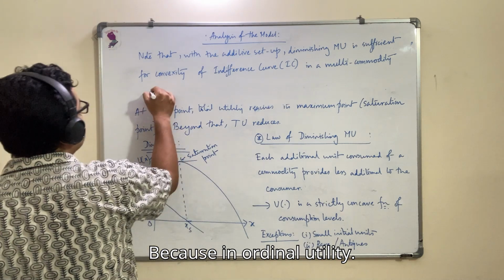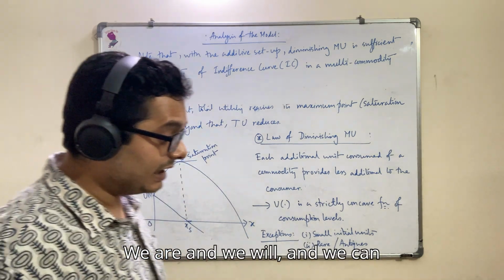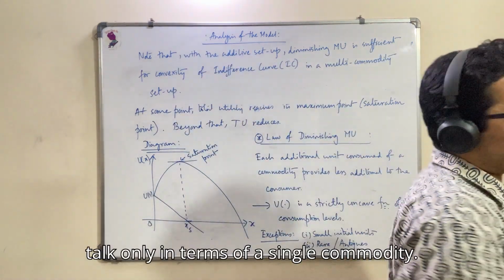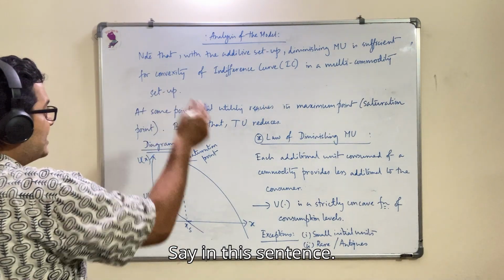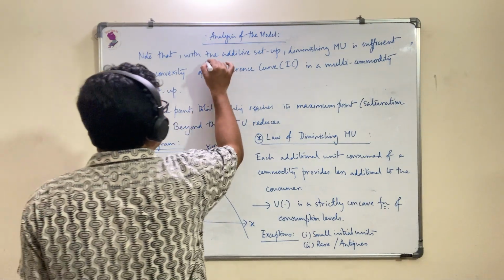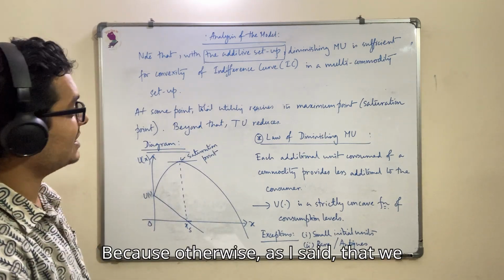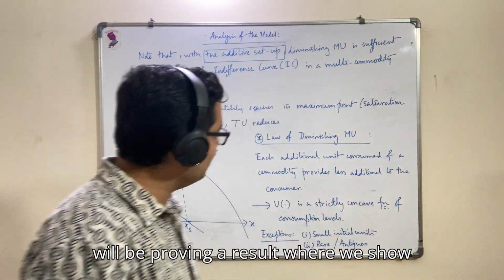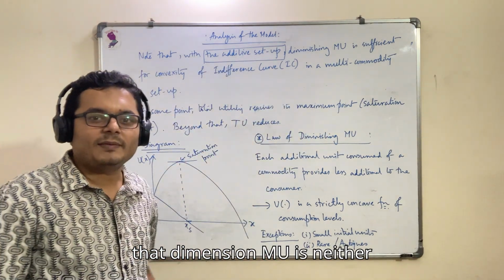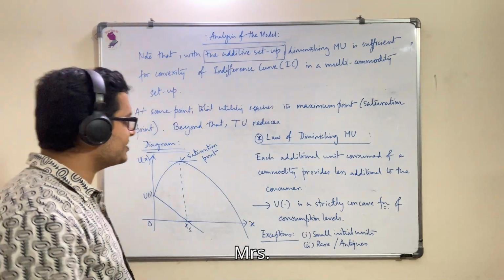Because in ordinal utility, we are and we will and we can talk only in terms of a single commodity. So in this sentence, this is a very important point. Alright? Because otherwise, as I said, we will be proving a result where we will show that diminishing MU is neither necessary nor sufficient for diminishing MRS.